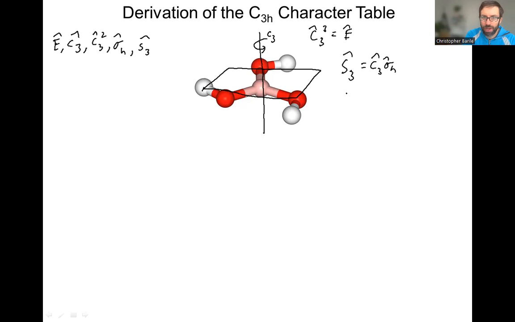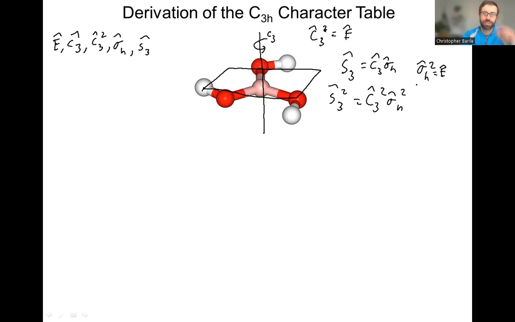And then we can think about what happens if we do, just like we did a C3 twice, what happens if we do an S3 twice? Well, that would be like doing a C3 twice followed by, and it's commutative, so you can do any order, C3 twice followed by 2 mirror planes. Well, 2 mirror planes is the same as identity.